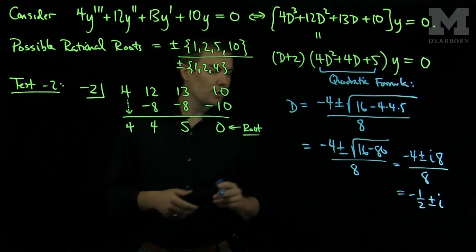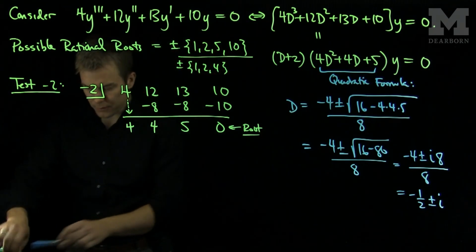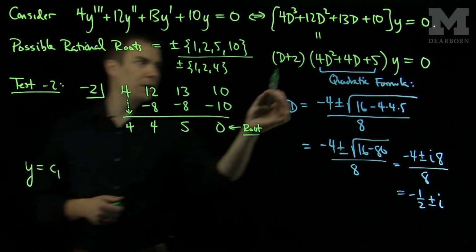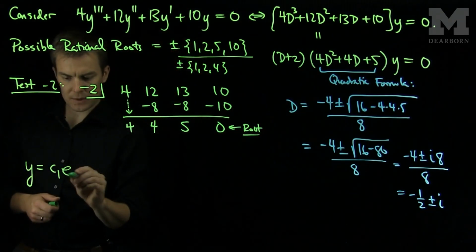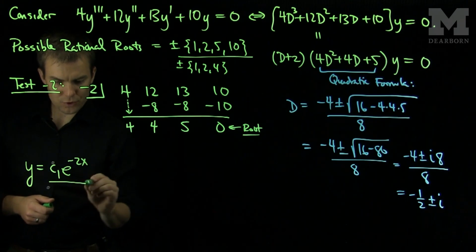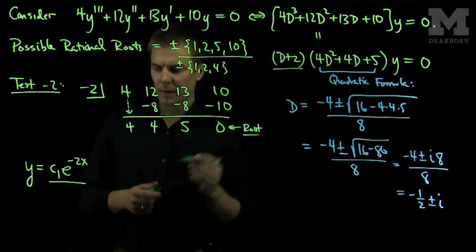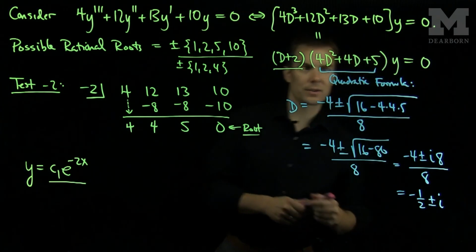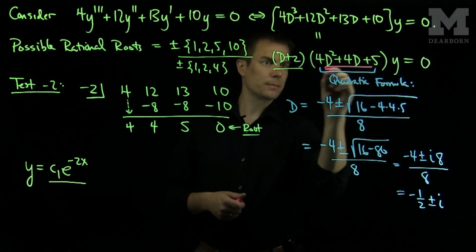So now we're in a position to write down the solution of our problem. The solution will be y equals c1 e^(-2x), which comes from this factor over here. And then I'll have the two complex solutions, which come from these terms over here.